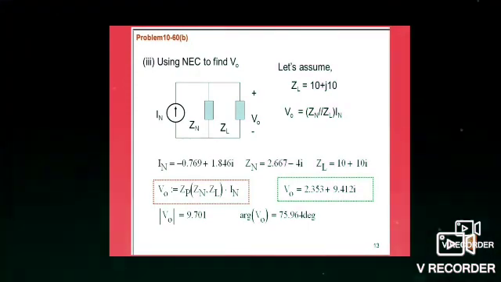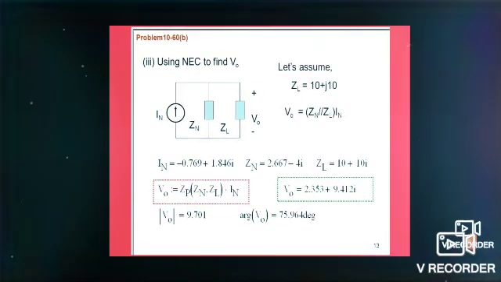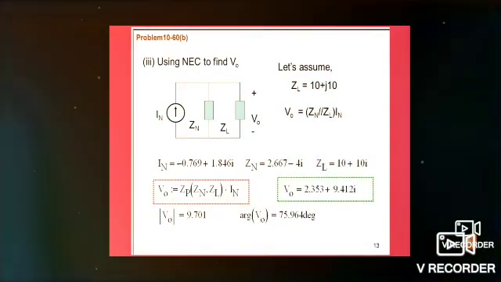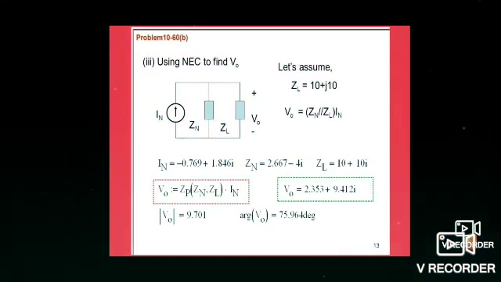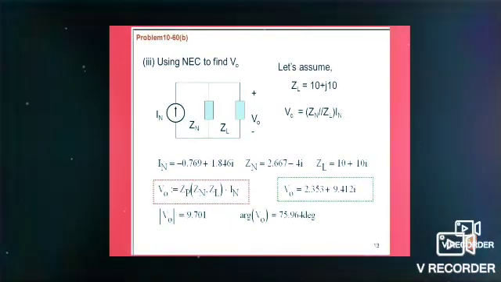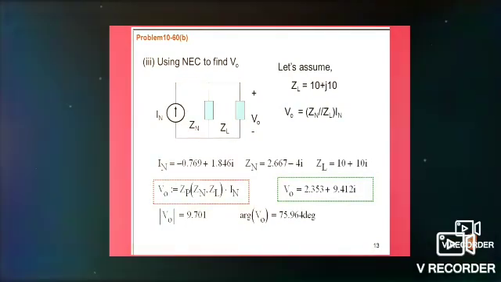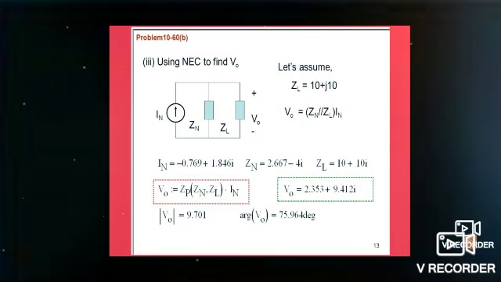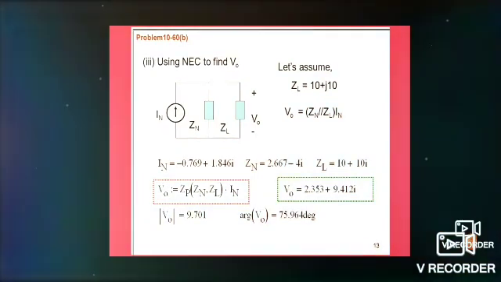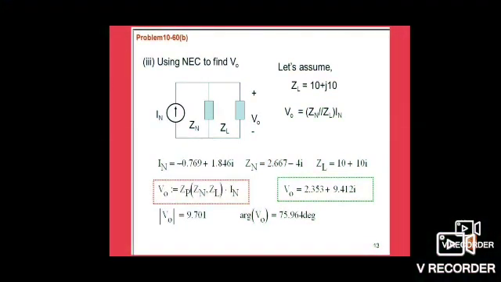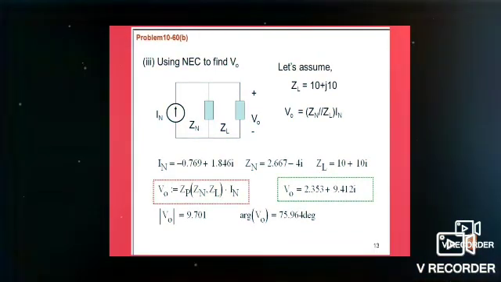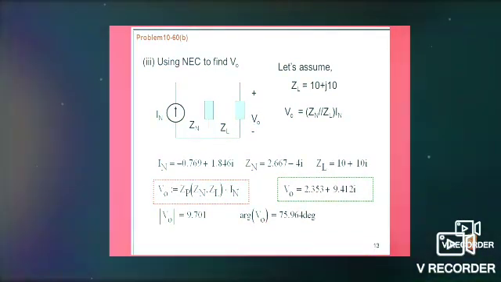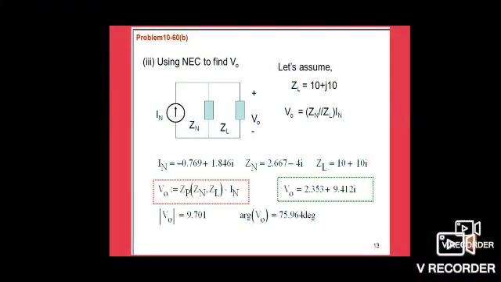First we find the current flowing through the ZL, IL: opposite impedance divided by total impedance into total current. Therefore Zn divided by Zn plus ZL into IN is the current flowing through ZL. Into ZL gives V0. Or, with Zn and ZL in parallel, into IN gives V0. Otherwise you have to use the current division rule.